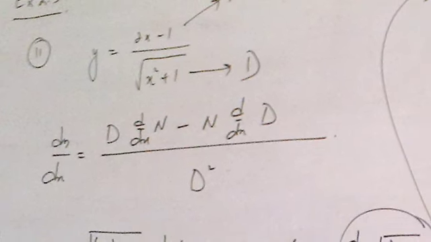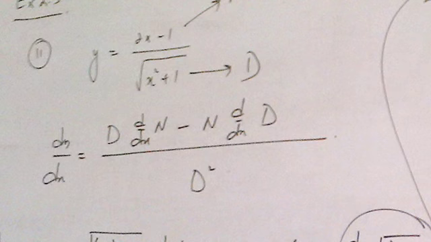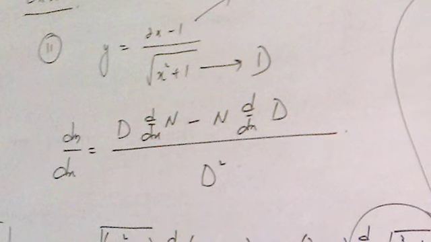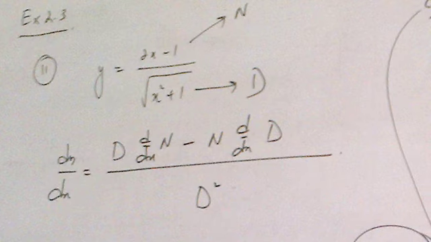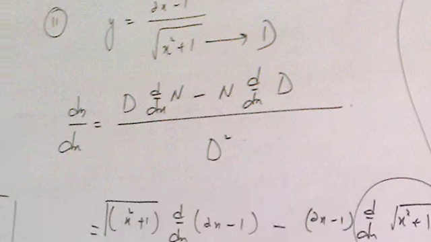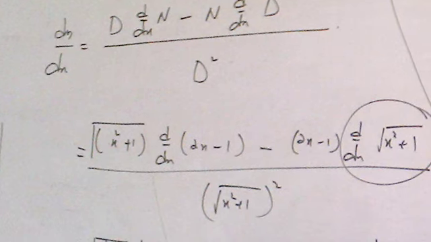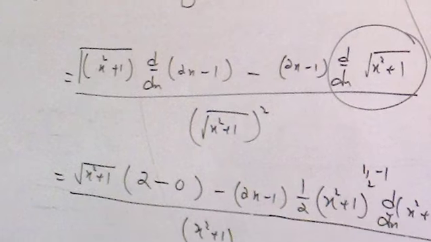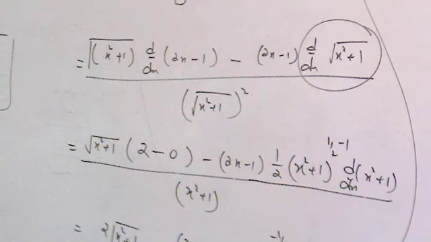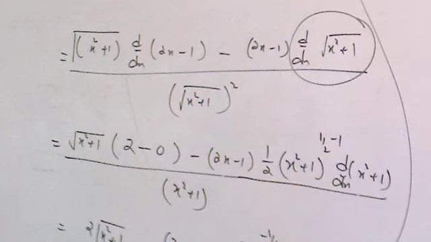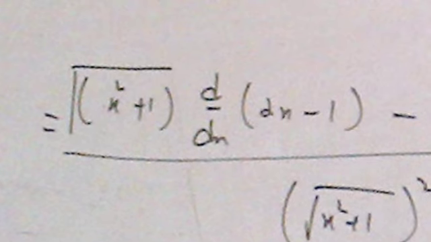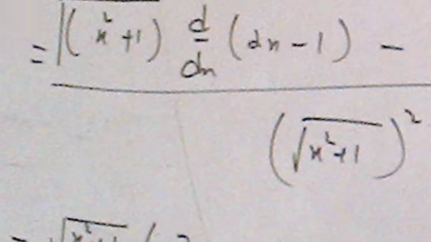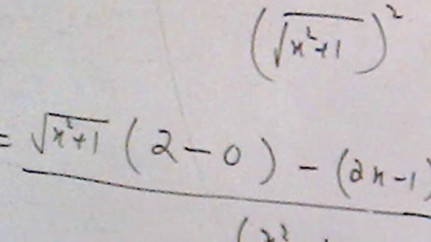Now here we again have a fraction. We apply the quotient rule again. We have numerator 2x minus 1 and denominator square root of x square plus 1. We put these values in the formula. Now derivative of 2x is 2 and derivative of 1 is 0.